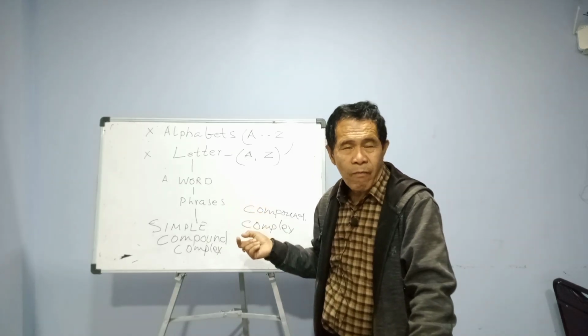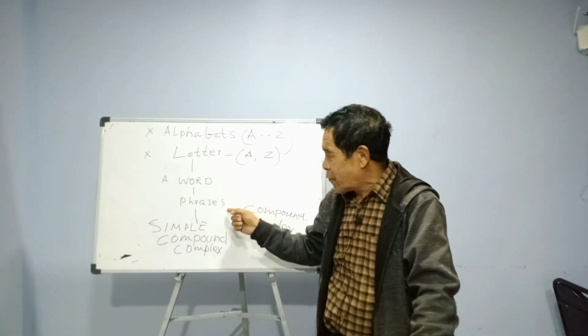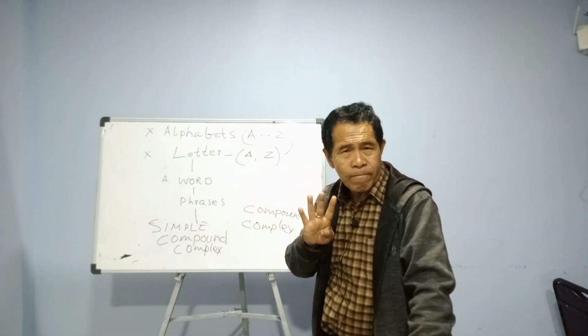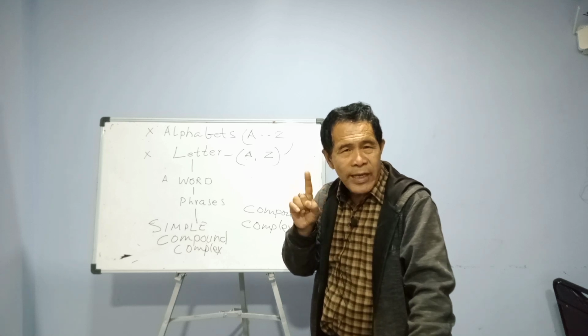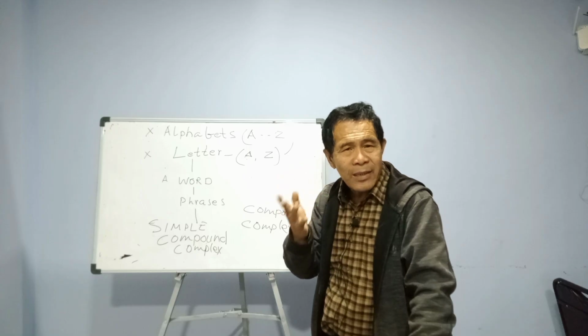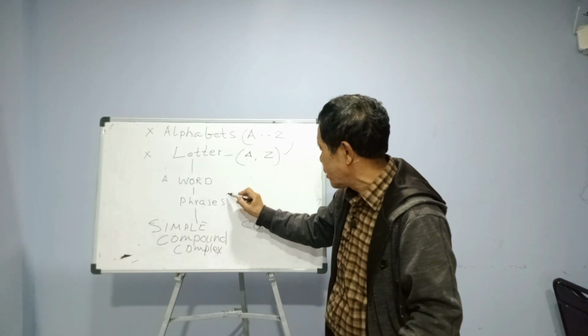Yes. Now I will add something more here. Phrases are of four kinds: noun phrase, verb phrase, adjective phrase, and adverb phrase. I'm sorry, I had left that part out before.